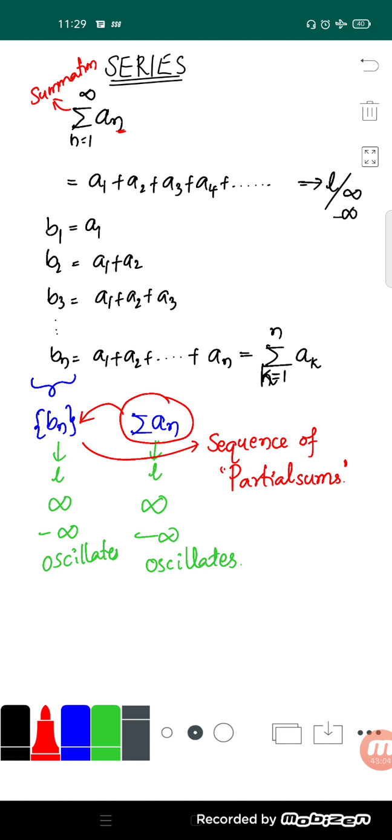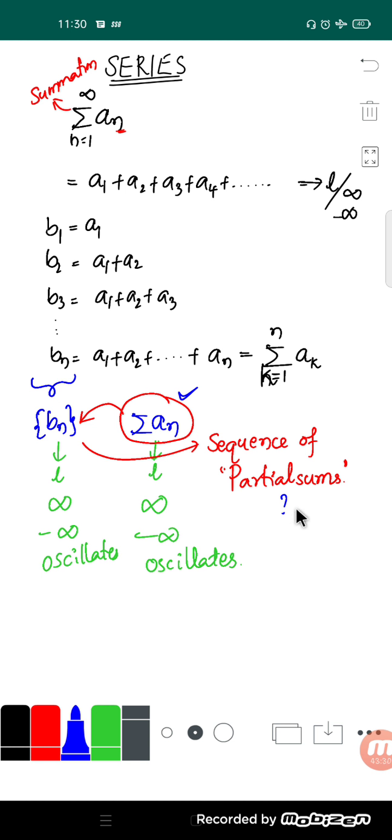So this is how it is related as a basic definition, but we have some more advanced techniques to find the series values more easily than examining the sequence of partial sums. The basic approach is this.